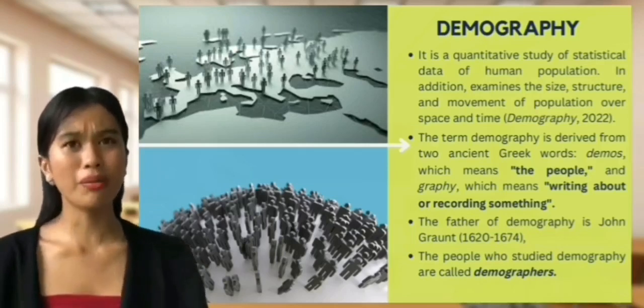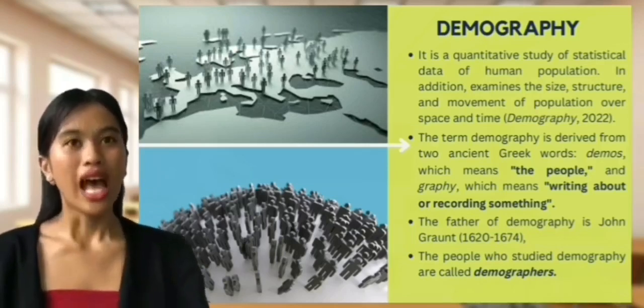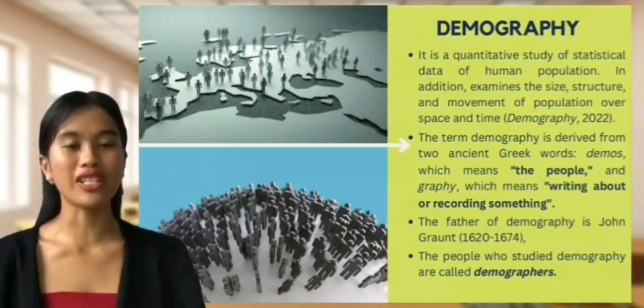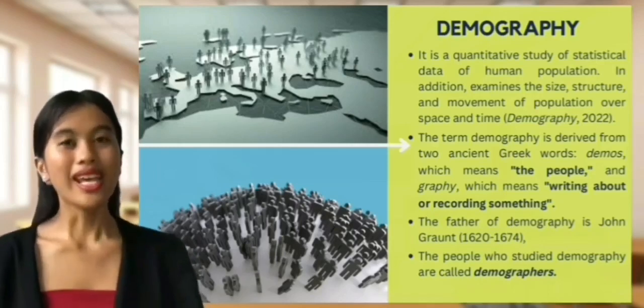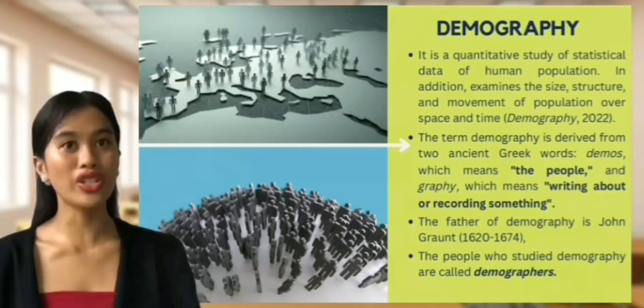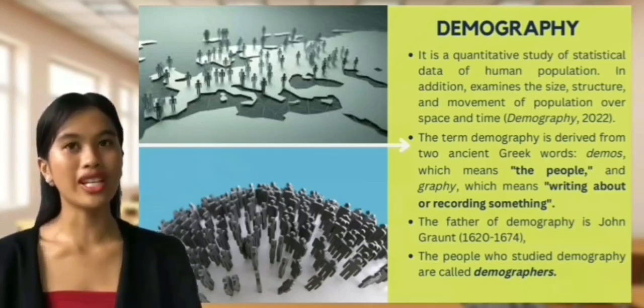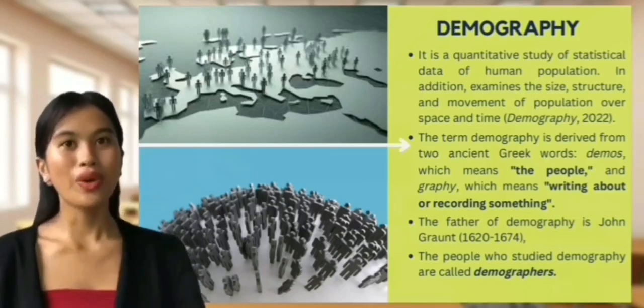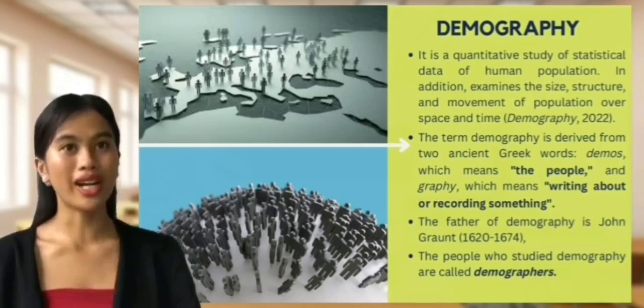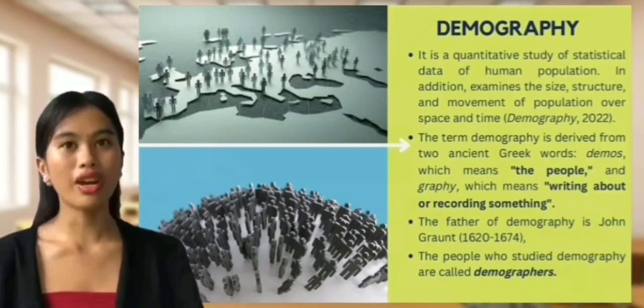The father of demography is John Graunt, with his major work published in 1662. He was a London merchant who used Bacon's approach and his own experience with merchant bookkeeping to analyze the London bills of mortality, or death records, which had been kept since 1532.